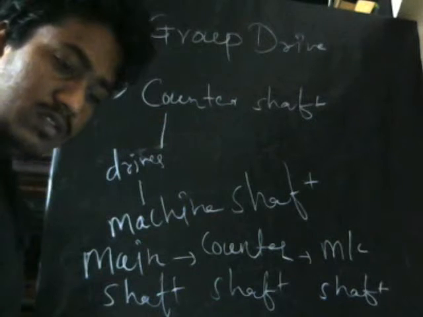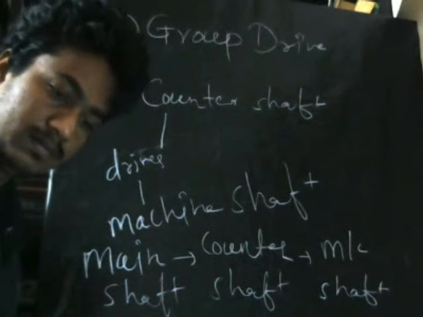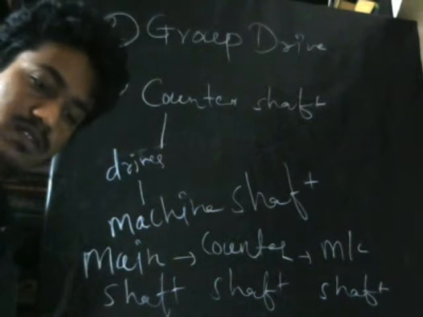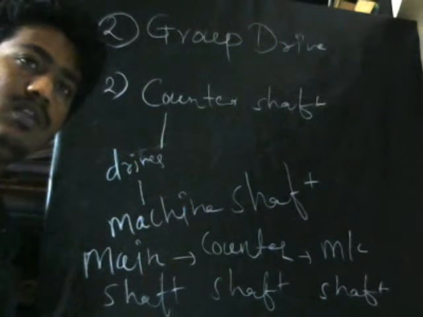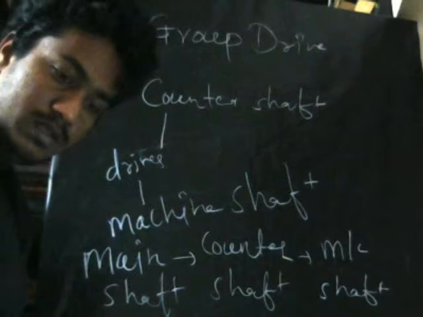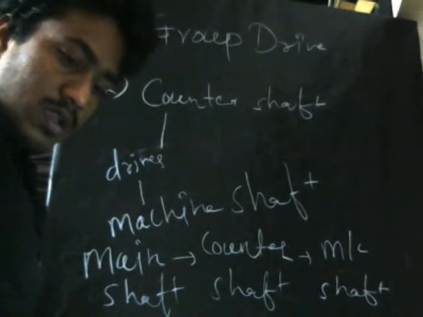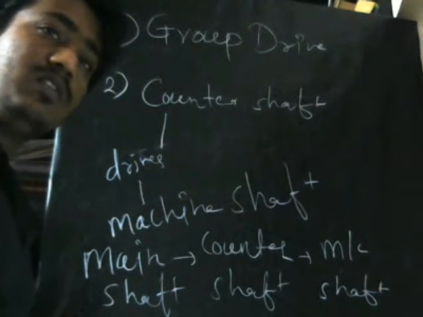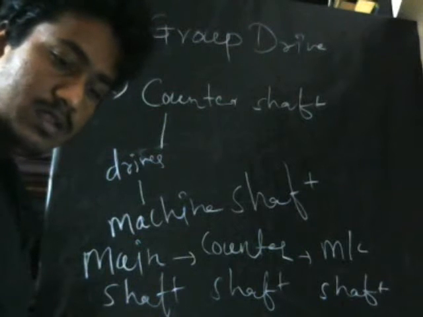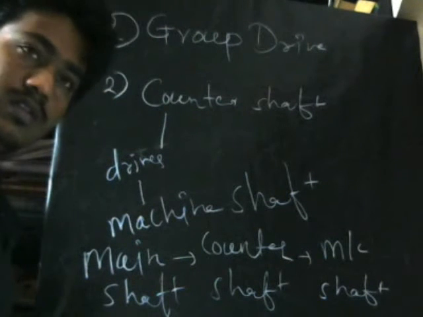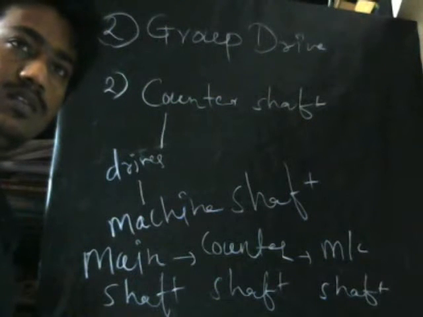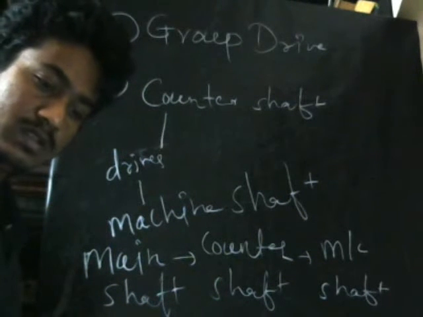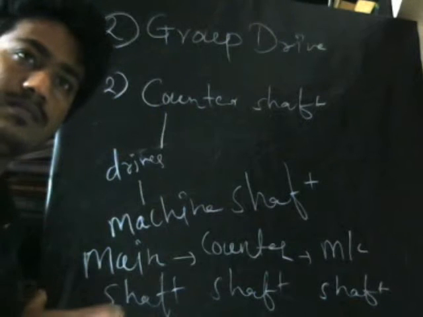It contains some cone pulleys to give a wide range of speed where we need spindle speed, correct. And sometimes when the machine is driven by a single pulley, the stopping and starting arrangements are contained in the machine.